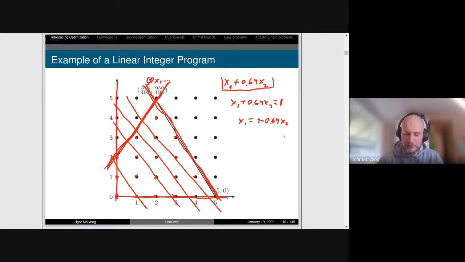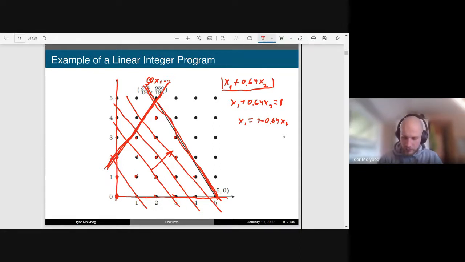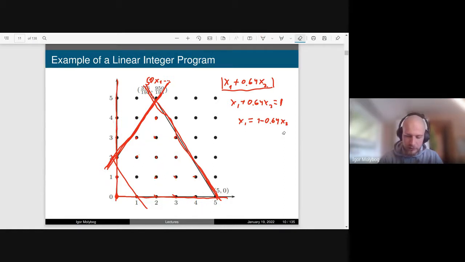What we want to do in order to solve this problem, we would like to push this line as far as possible to the right, in this case, so that it still has an intersection with the feasible set. If we are talking about the feasible set when we drop the integrality, let me actually draw it with a different color, just because we are talking about the objective function now.